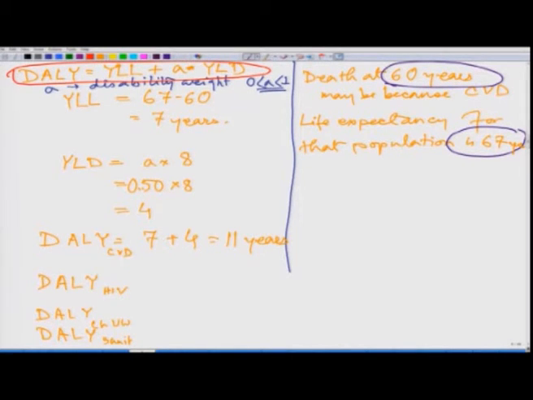But at the same time, we can adjust these YLL and YLD in terms of the discount rate and the age weighting, say different ages have different severity, and the age at death or the standard life expectancy varies, so that can be taken care of. When we talk about discount rate and age weighting, we have a formula.